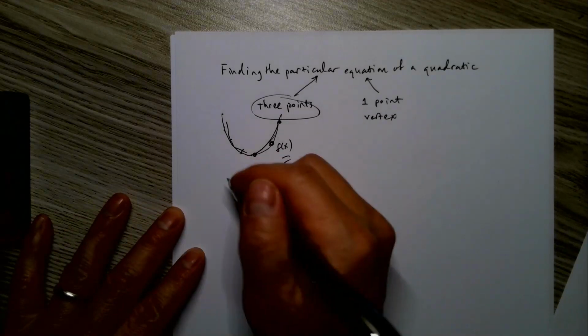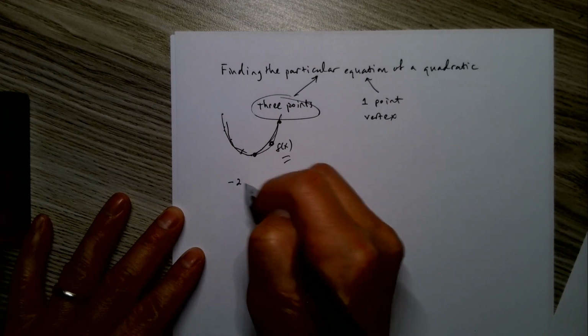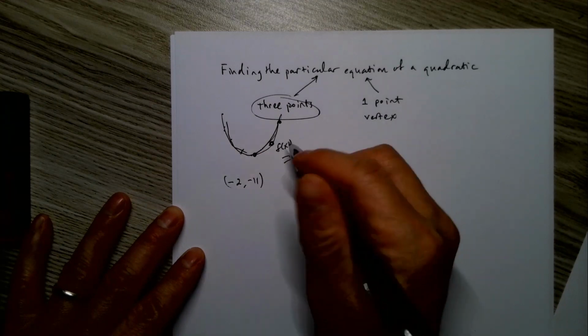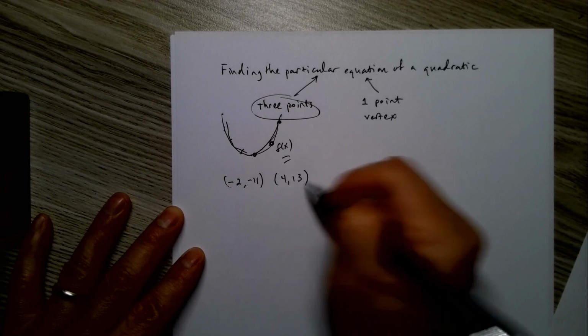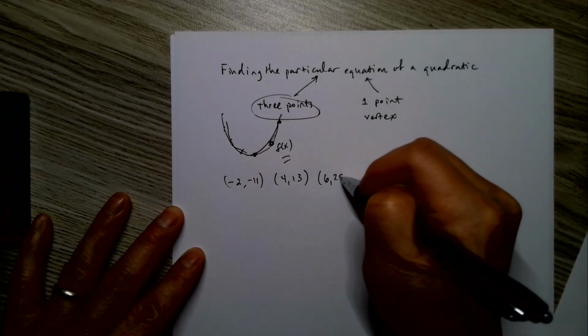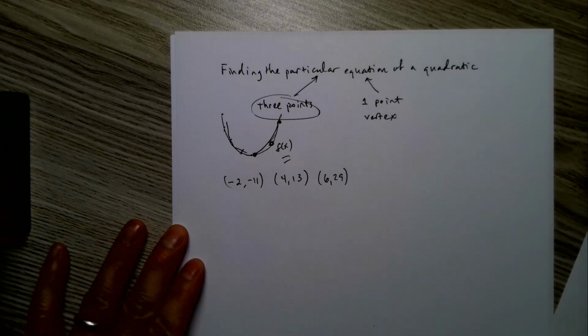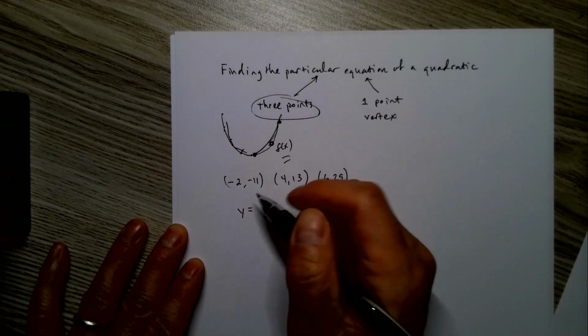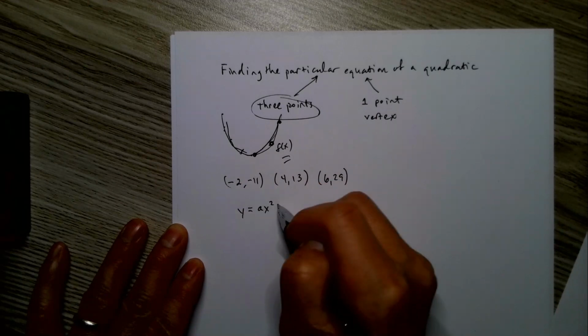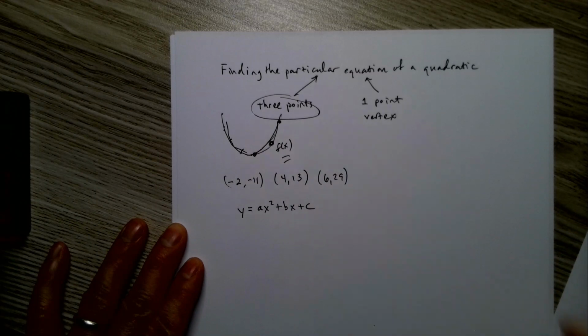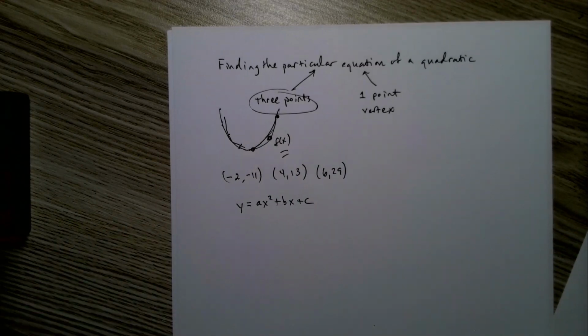So here we go. Let's say these 3 points are members of a quadratic function, or you want them to be part of a quadratic function, so you can find more points. Okay, so we know that any quadratic function in standard form looks like this, where x is the independent variable, y is the dependent variable, and a, b, and c are constants.